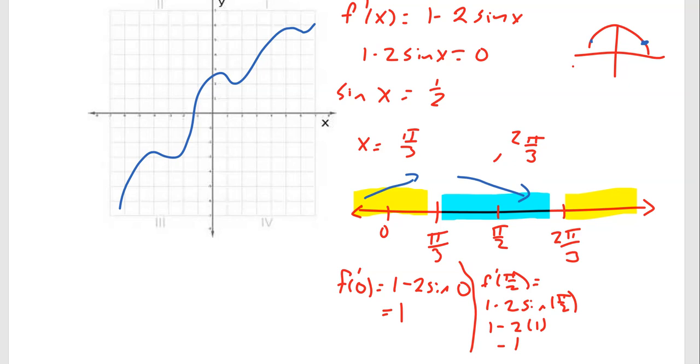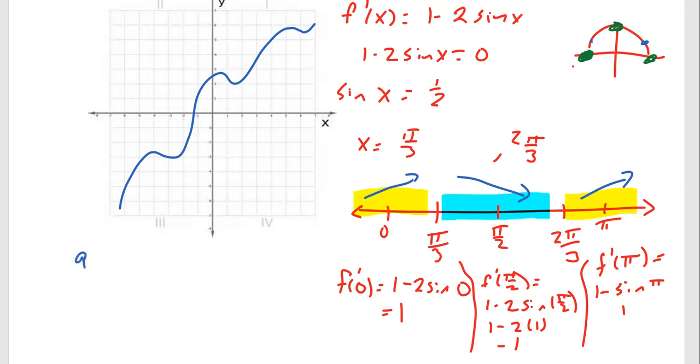And now I want to pick something bigger than 2 pi over 3, so I'm going to test pi, because that would get me over here. So far I've used 0, pi over 2, and pi, just picking things that are easy to evaluate. So f prime of pi is 1 minus 2 sine of pi. Well, that's 0 again, so we're back to having 1. So I know it's increasing here.